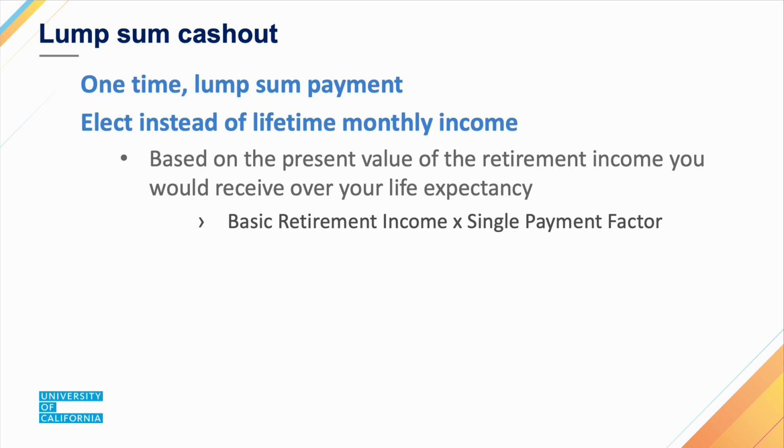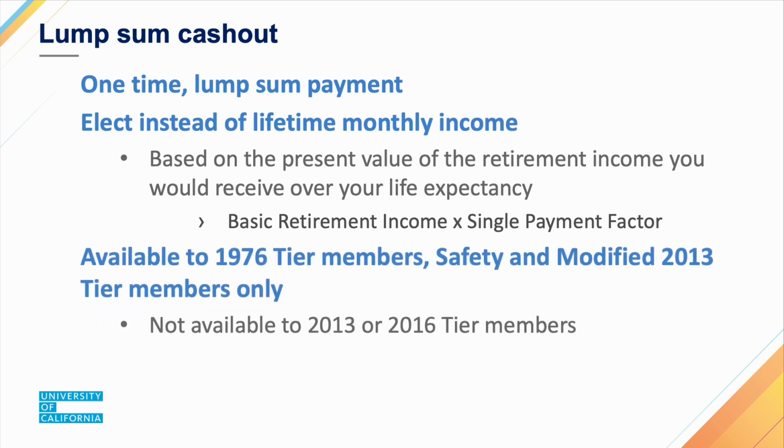You can use the retirement estimator on UC Raise to estimate your lump sum cash out. And again, lump sum cash out is available only to members of the 1976 tier, safety, or modified 2013 tier. It's not available to those in the 2013 or 2016 tier.